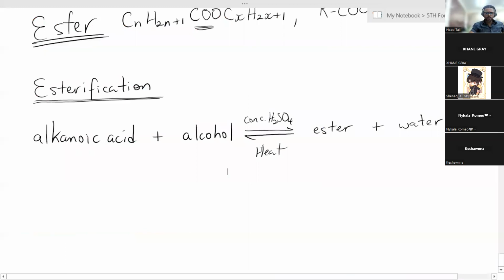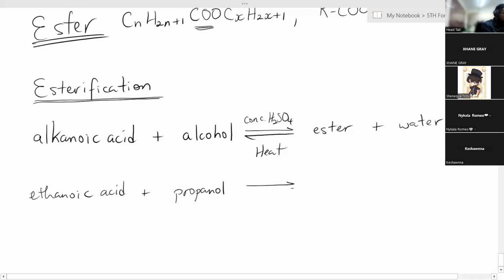All right, so let's take, for instance, I'm going to put out everything. I'm going to draw it so you could be able to see it clearly. So we are going to use ethanoic acid plus propanol.